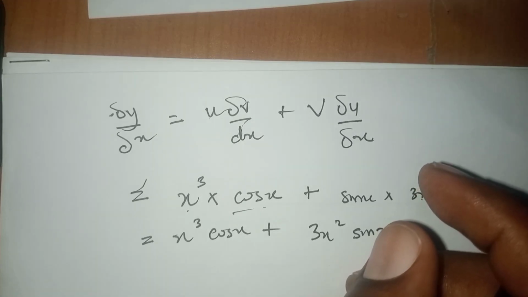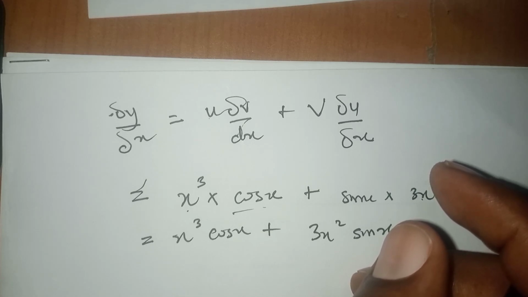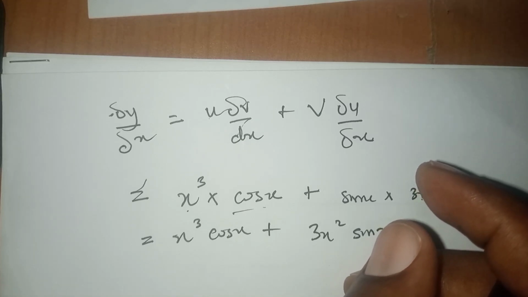So it is very simple. So that is the answer for this particular question. Please, I need you to refer to my previous video to know the derivatives of some special functions.